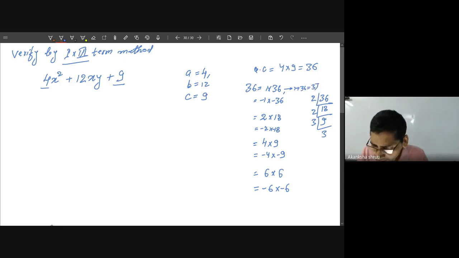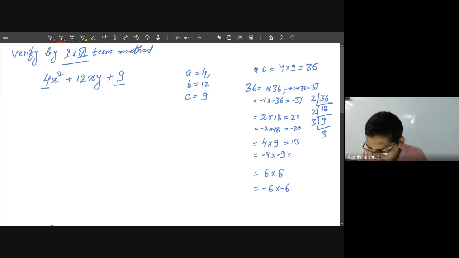Similarly, minus 1 minus 36 is minus 37. 2 plus 18 is 20. Minus 2 minus 18 is minus 20. If you add 4 and 9, what are you getting? 4 plus 9 is 13.